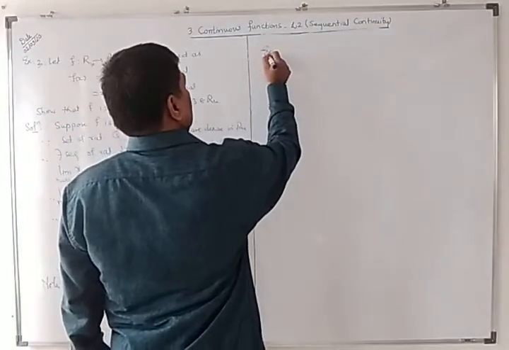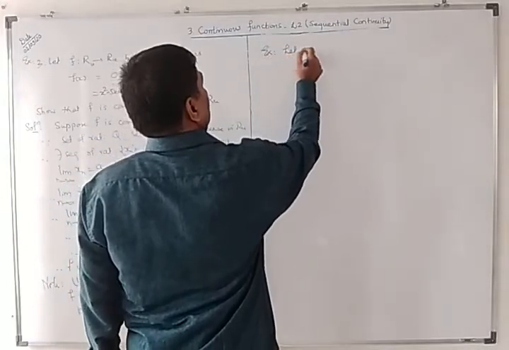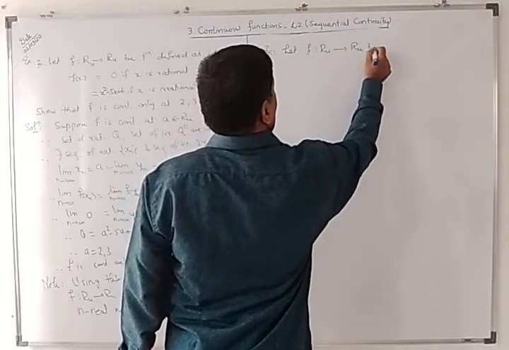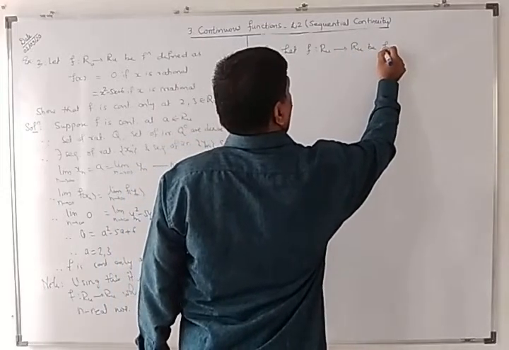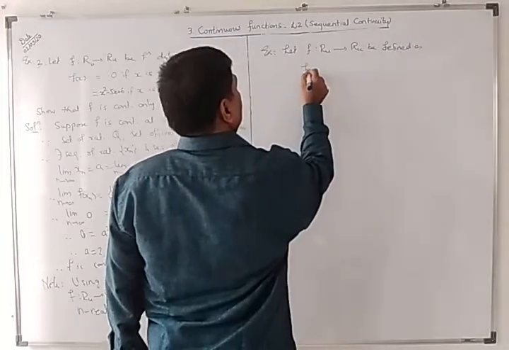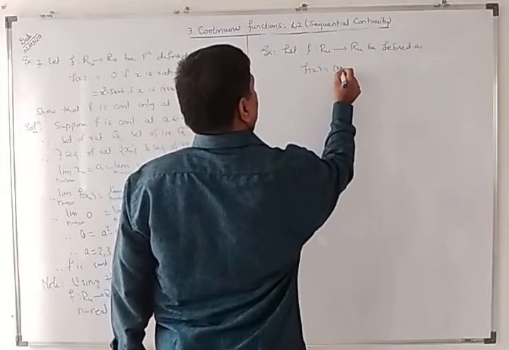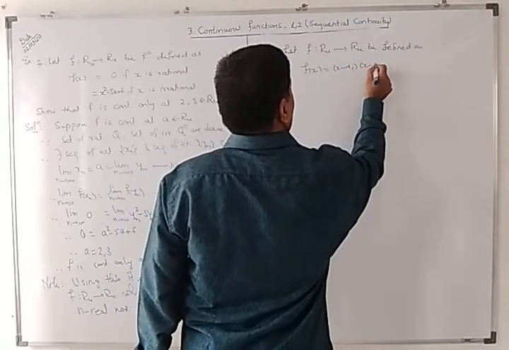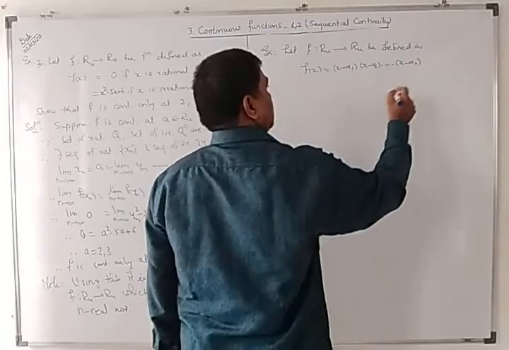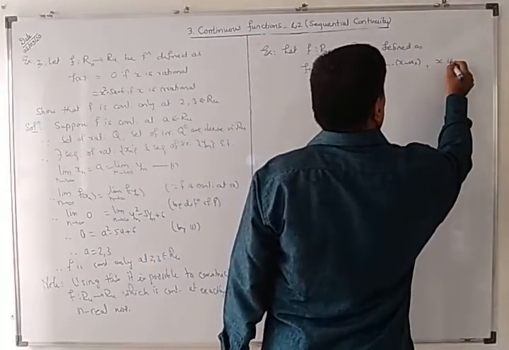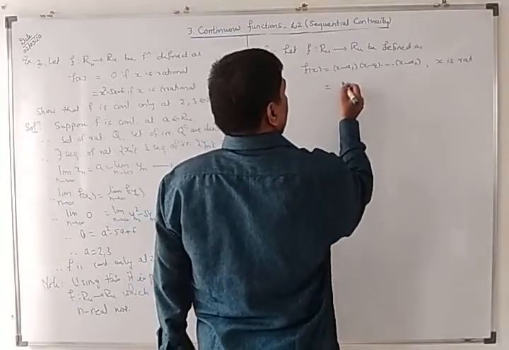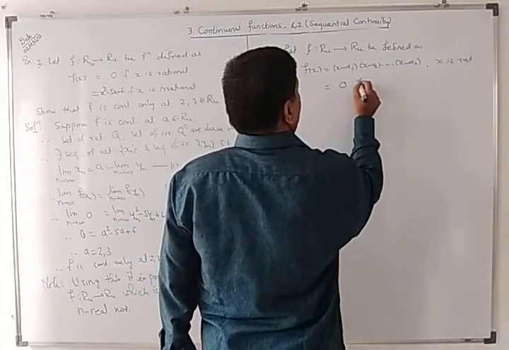Example, let f from R to R be defined as f(x) is equal to (x minus a1) into (x minus a2) and so on, (x minus an), if x is a rational number, and is equal to 0 if x is irrational.